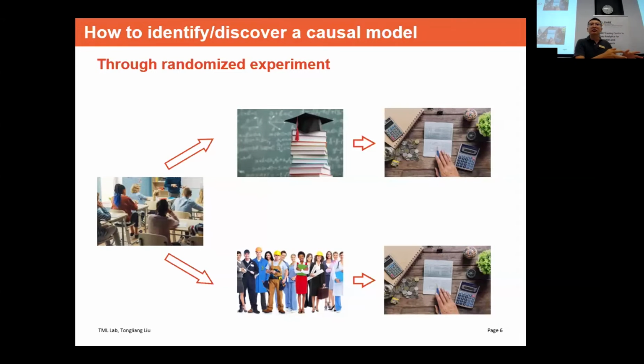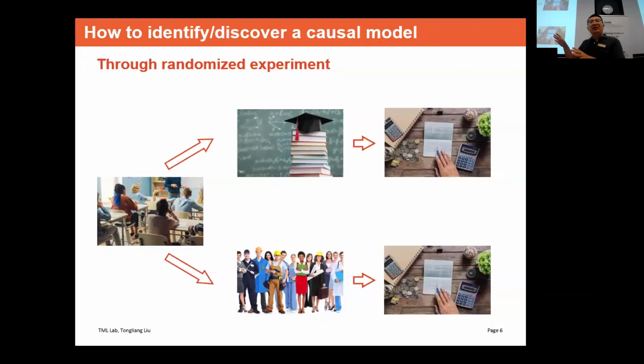One group we send to higher education, and the other we directly send to the job market, and then we track their income throughout their lives. After that, we can analyze whether higher education is a cause of their income or not. But obviously it takes time, it's costly, and it may have some ethical issues.